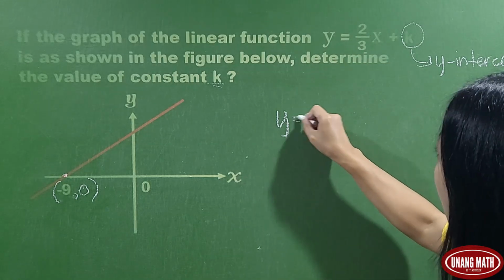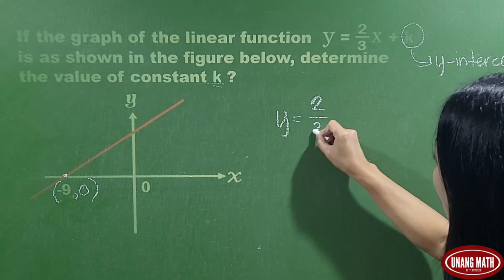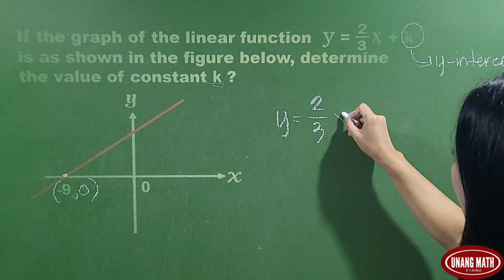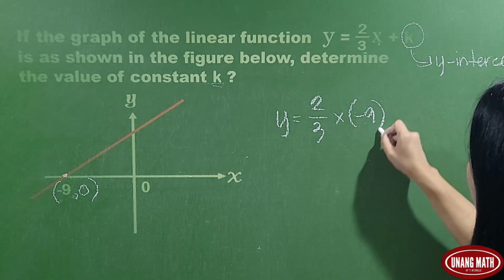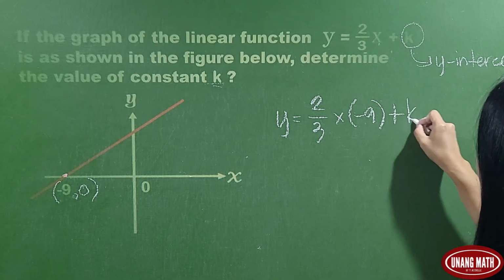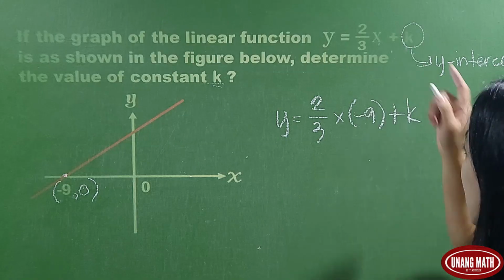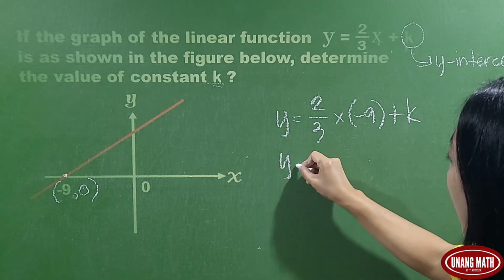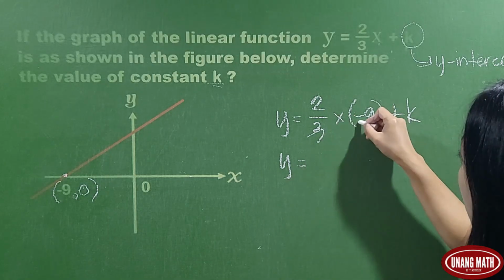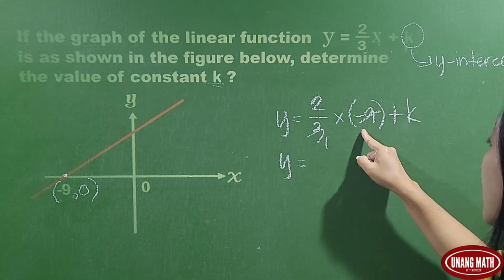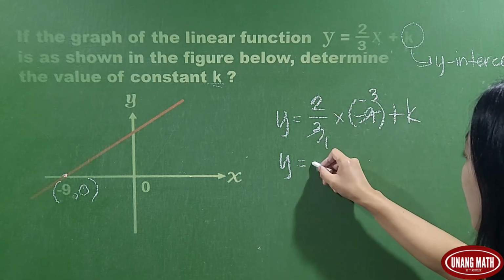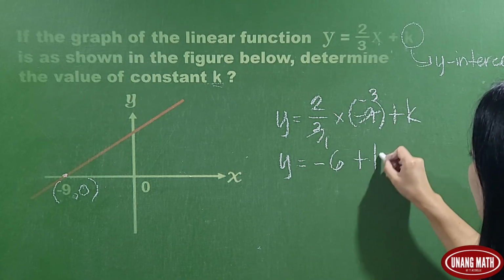So we have here y is equal to 2 over 3 times x, which is negative 9, plus the y-intercept, our constant k. If we simplify, this is 1, then this is negative 3. So 2 times negative 3 is negative 6 plus k.